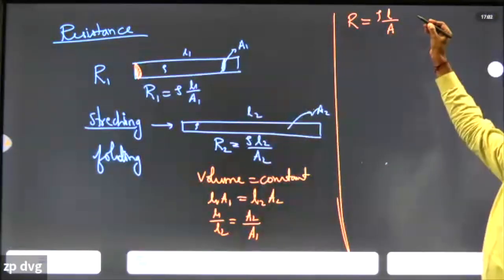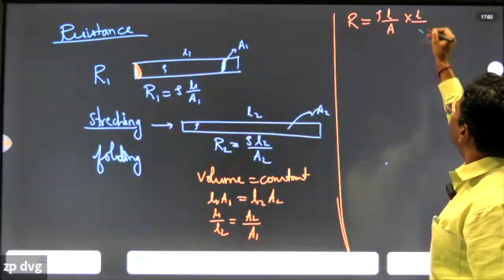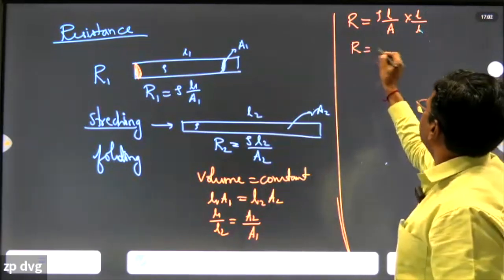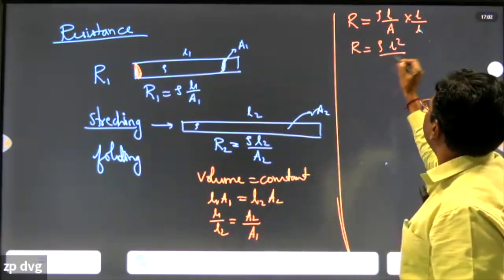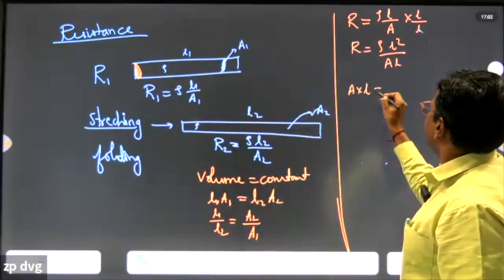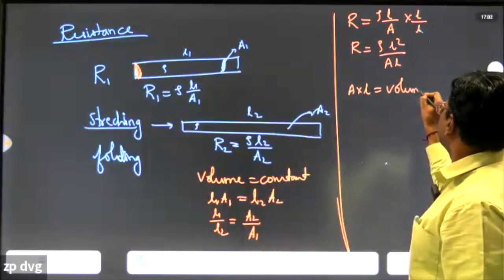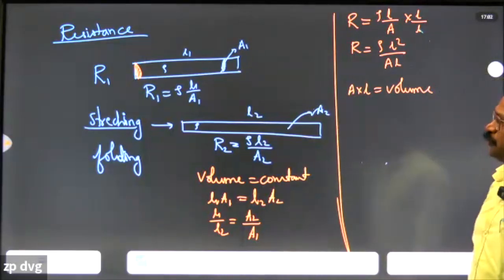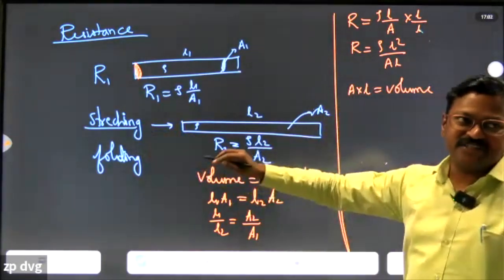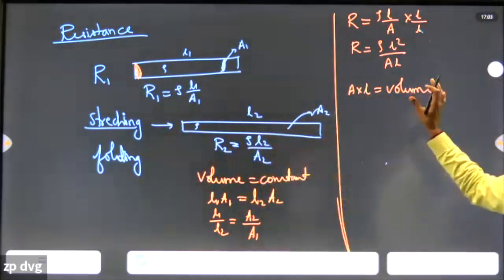R is equal to rho L by A. Let us multiply and divide by L. So R is equal to rho L square by A into L. You see, A into L represents volume, whether by the action of stretching or by the action of folding. This volume will not change.